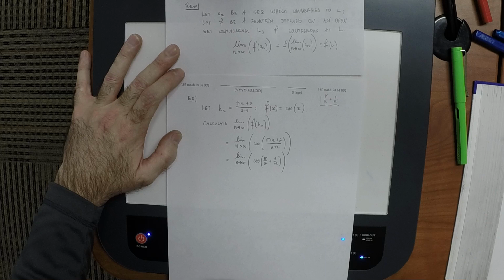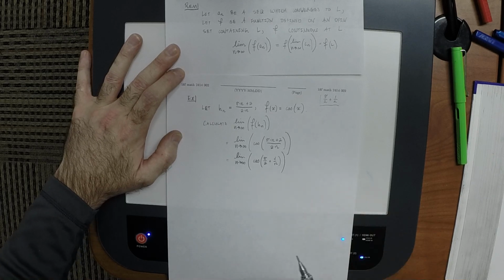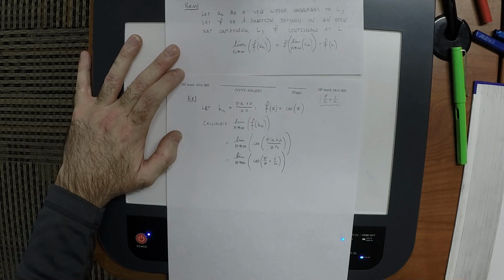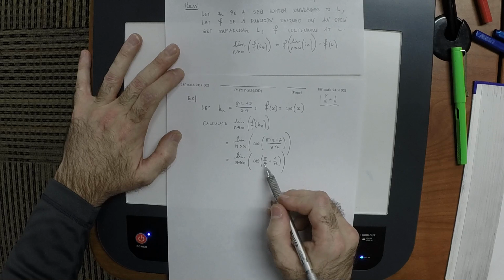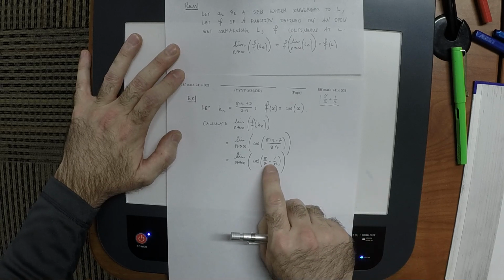It does, because where does pi over 2 go? To pi over 2, right? So where does the pi over 2 term go? It goes to pi over 2. Where does 1 over n go? To 0. So this sequence is converging to pi over 2.